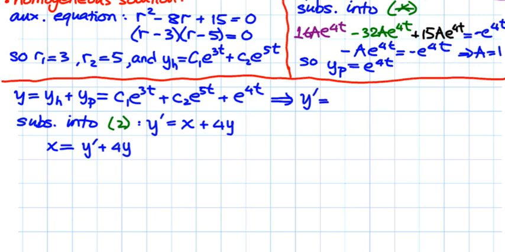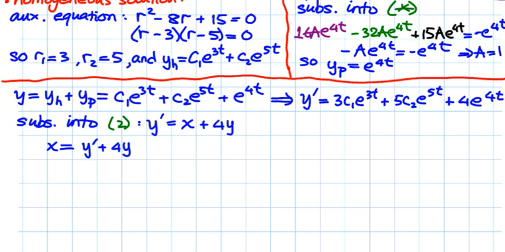It's going to be 3c1 e to the 3t plus 5c2 e to the 5t plus 4 e to the 4t. That is the derivative.